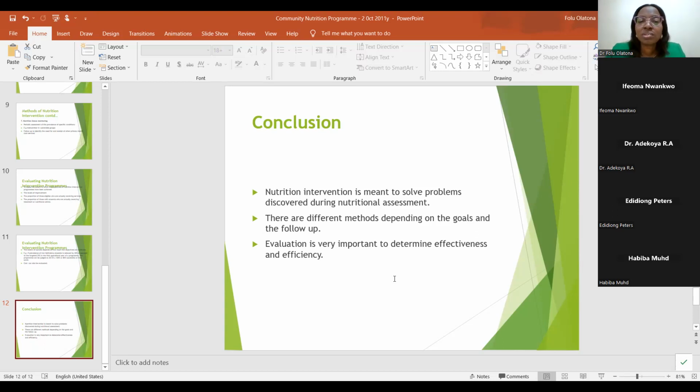Could be health education, food diversification, food supplementation, food fortification. It can be treatment of cases. It can even be through monitoring. So any of these methods that we discover as relevant must be carried out. And then we should always remember to monitor our programs so that our objectives can be achieved, and evaluate at the end to determine effectiveness and efficiency.